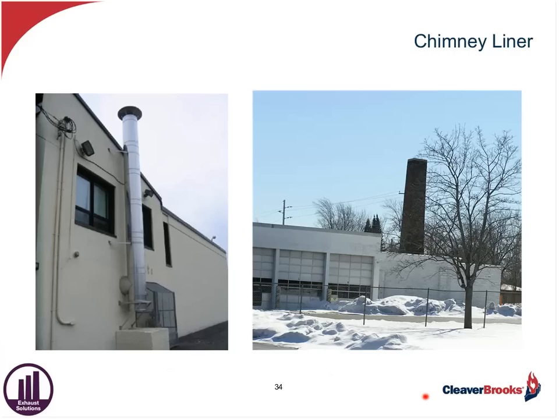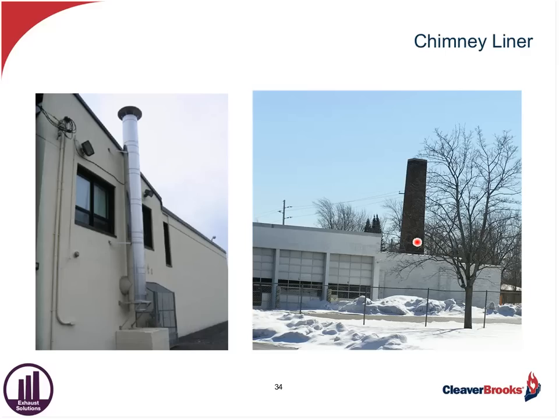Well, we're going to have problems with that existing chimney if we don't take some precautionary action here, and that would be with a stack liner. So rather than going with a separate stack, as you see here on the left, we're going to use that existing chimney and do what we can with it.